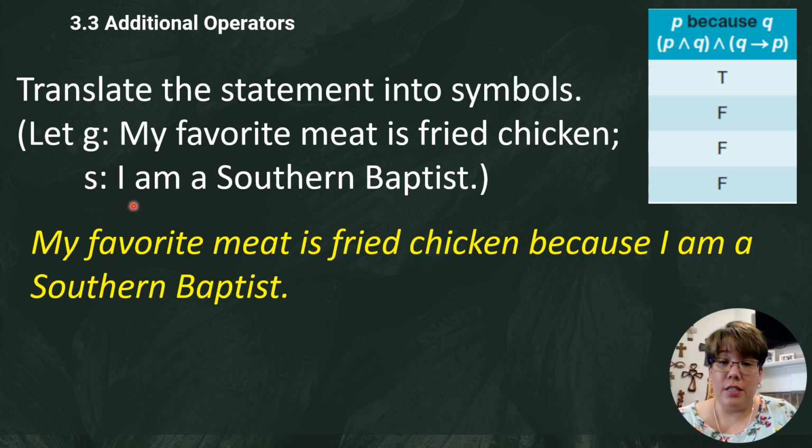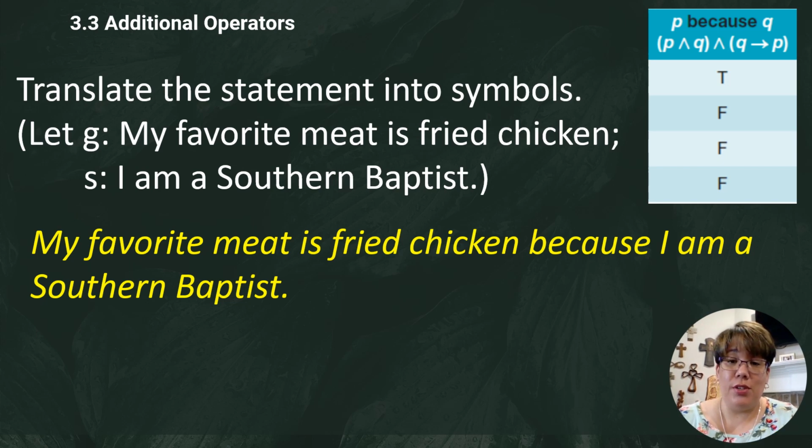Since they want me to translate the statement into symbols, instead of P because Q, I'm going to say G because S. And this is the part that's in symbols. So anywhere I see a P, I'm going to put a G, and anywhere I see a Q, I'm going to put an S. So it's actually pretty simple.